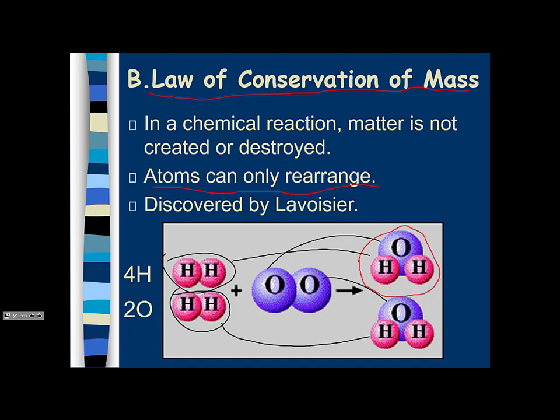Okay, so we see that we had 4 hydrogens over here, and we end up with 4 hydrogens. We have 2 oxygens, we end up with 2 oxygens. So nothing is really lost nor destroyed, and we don't come up with anything new. We just end up rearranging these 2 guys into this.